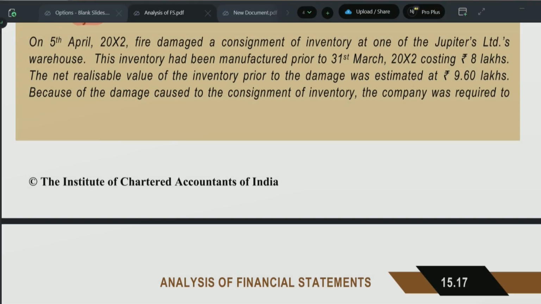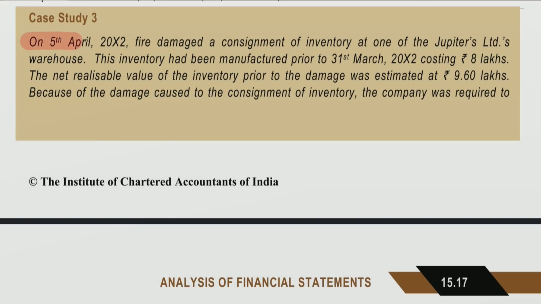Now case study 3 begins with this line. On 5th April 2022, a fire damaged a consignment of inventory at one of Jupiter Limited's warehouses. This inventory had been manufactured prior to 31st March 2022, costing rupees 8 lakhs.